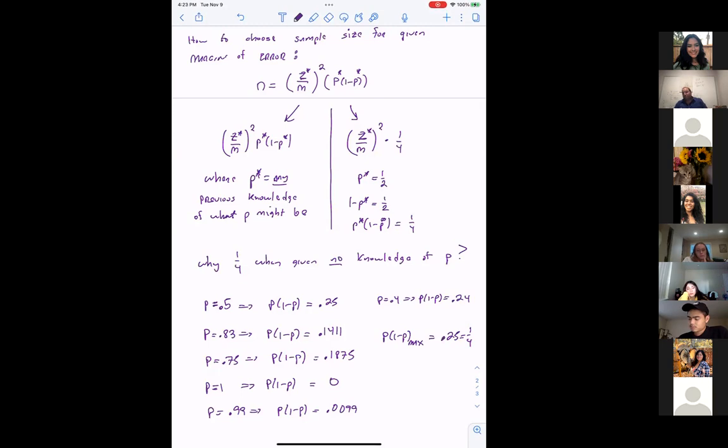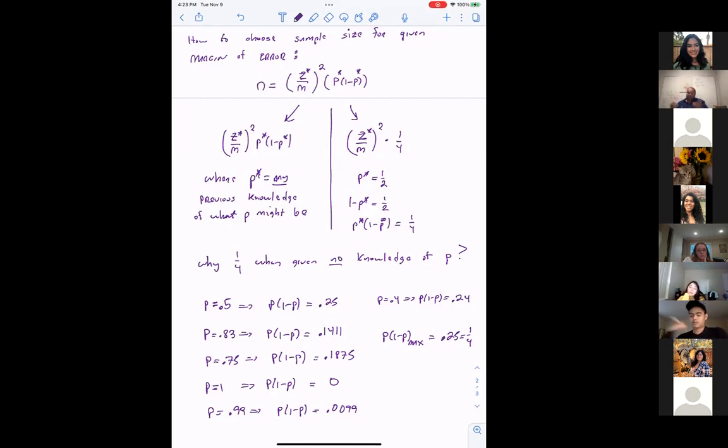And what is the biggest that P times 1 minus P could ever be? 0.25. So the reason why we make it 1/4 when we have no knowledge of P is because it's the worst case scenario. No other value of P will ever give you a number as big as 1/4. So we're making it as wide as can possibly be to cover every possible value of P.